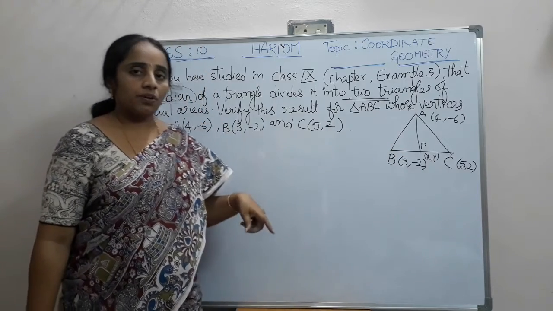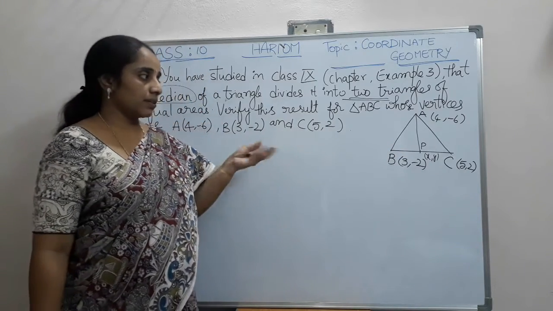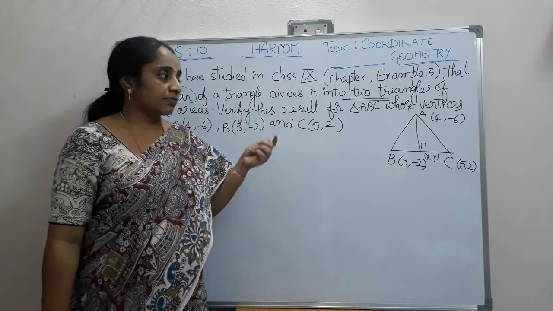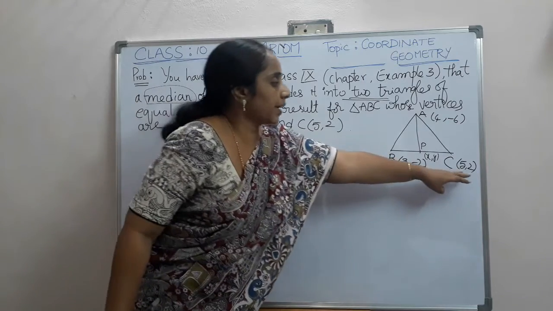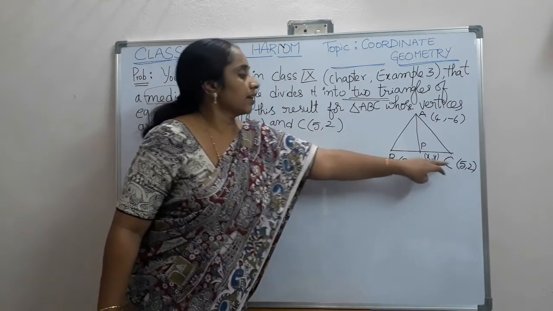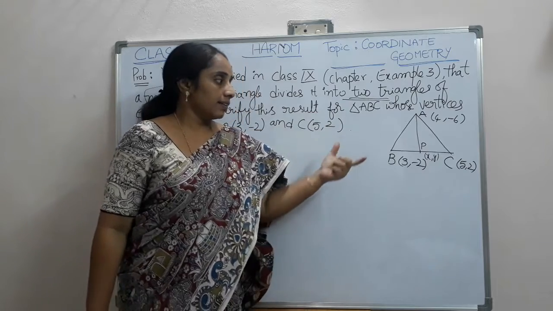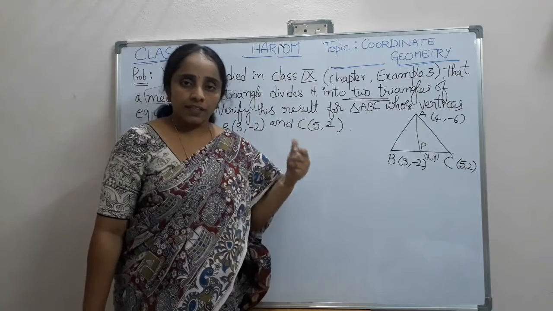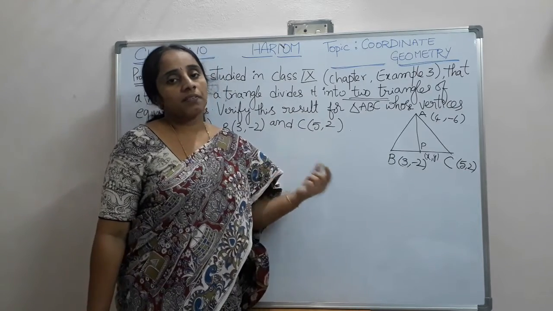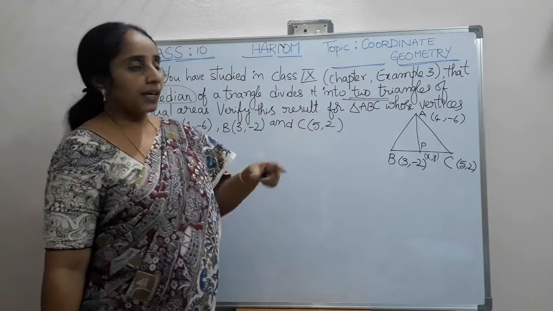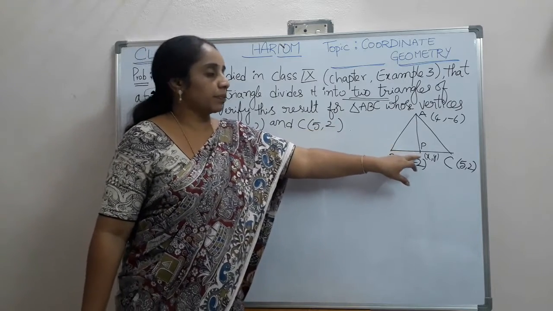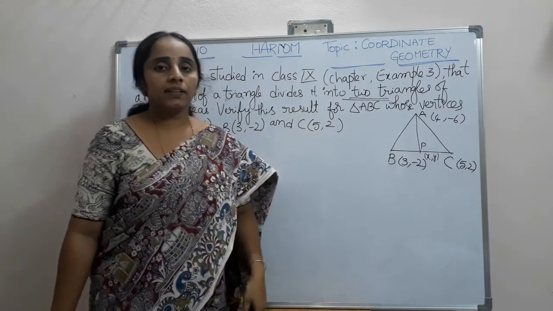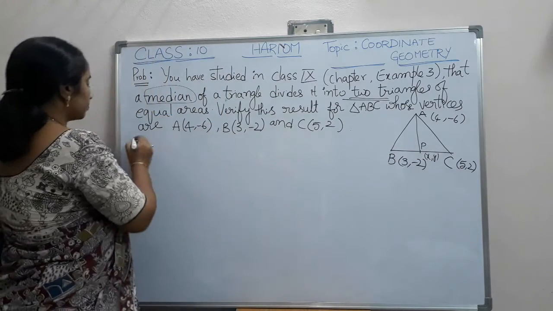As you know, the midpoint formula: if the two points are (x1, y1) and (x2, y2), then the midpoint of the line segment joining them is ((x1 + x2)/2, (y1 + y2)/2). From that we are going to find the midpoint of the line segment BC.